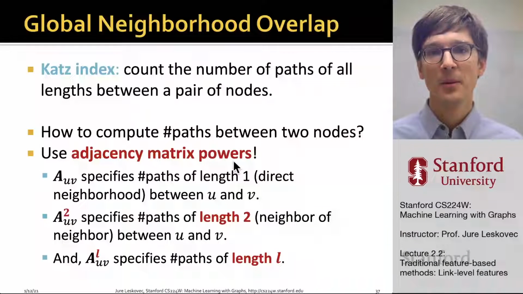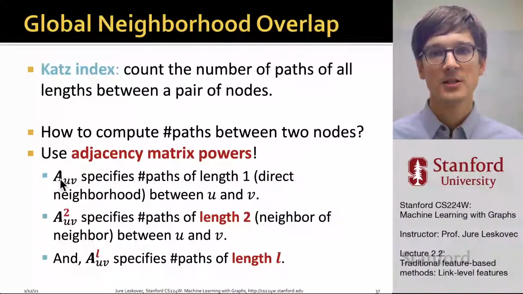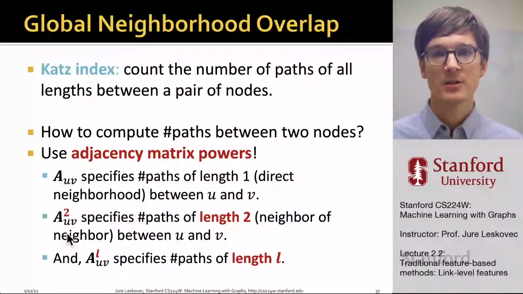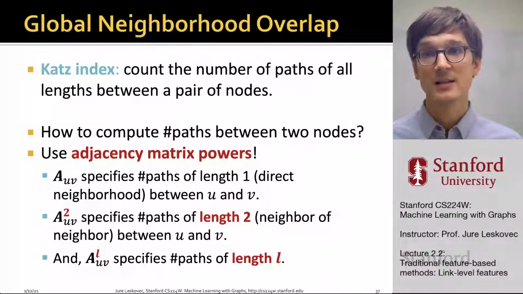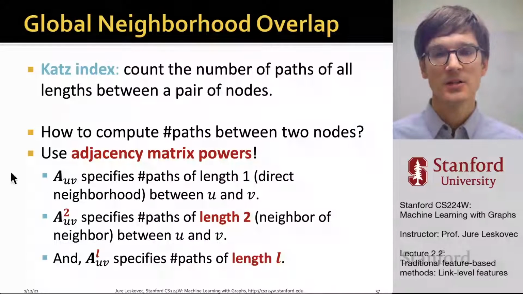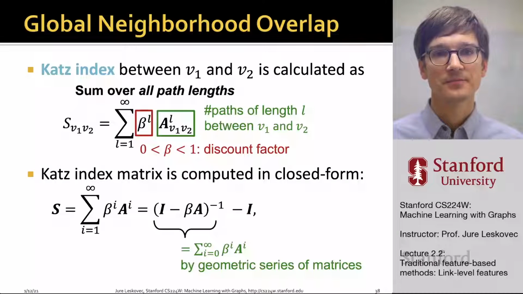To compute the paths, we are going to use powers of the adjacency matrix. The adjacency matrix itself tells us paths of length 1, its square tells us paths of length 2, and the adjacency matrix raised to the power L counts the number of paths of length L between a pair of nodes.